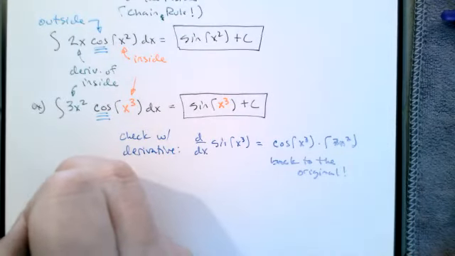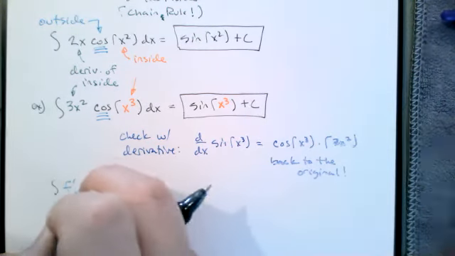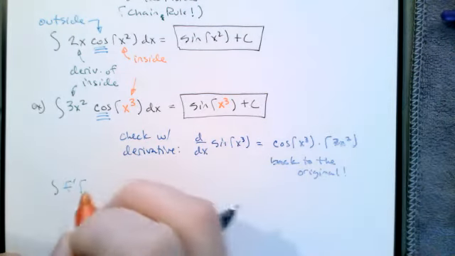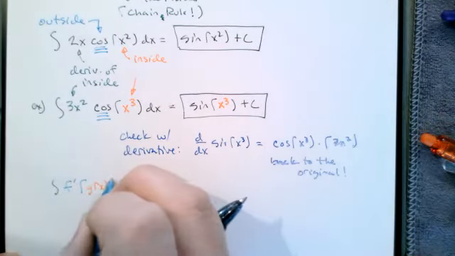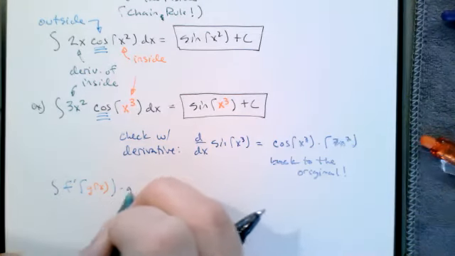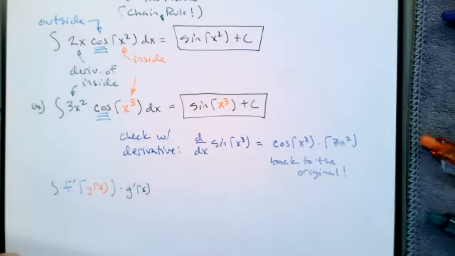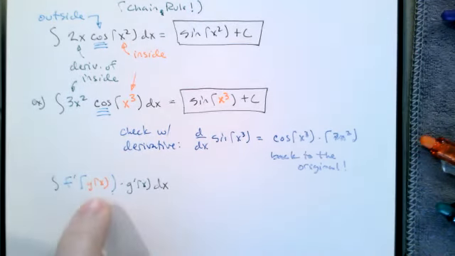So it would look like this. We want to integrate f prime of g of x, the inside. We can only make this go if we've also got the derivative of the inside as a factor. So if we've got the inside and a derivative of the inside, then we're really just integrating f prime.